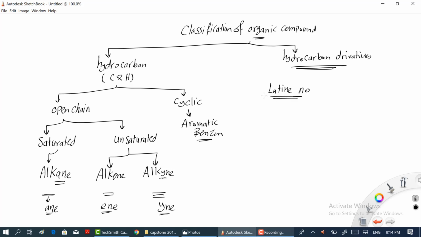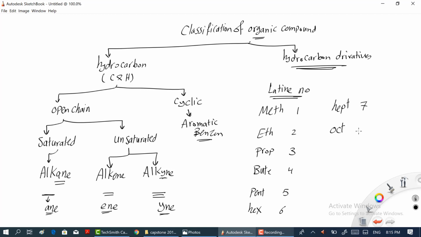We are going to talk about the Latin from 1 to 10: meth, eth, prop, but, pent, hex, hept, oct, non, dec. These 10 numbers are needed to give the name according to the organic compound.